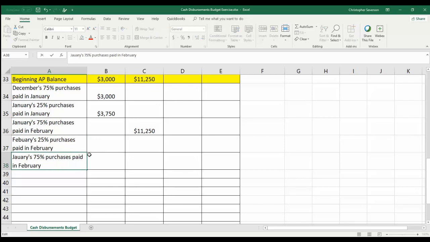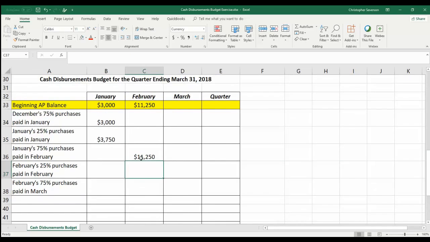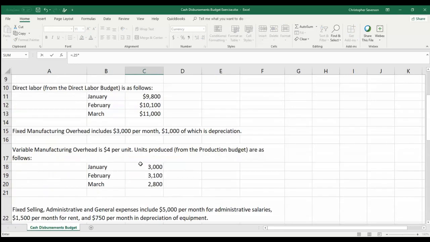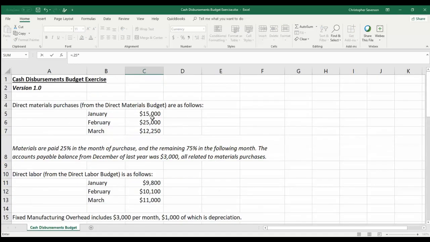And the next one, February's 75% purchases paid the next month. So again, 25 in the current month, 75 in the next month. So the rest of what we're paying in February is 25% of February's purchases.